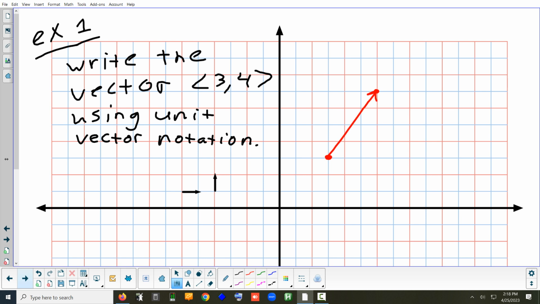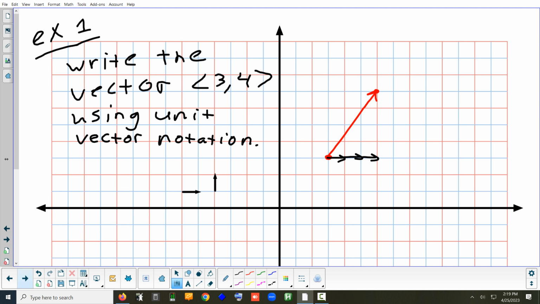Now, what I want to do is start at the initial point, and stack together some I's and then some J's till I land at the ending point. How many I's would I have to stack together to start making my way towards the terminal point? 3 of them. So there's one I, a second one, and a third one.